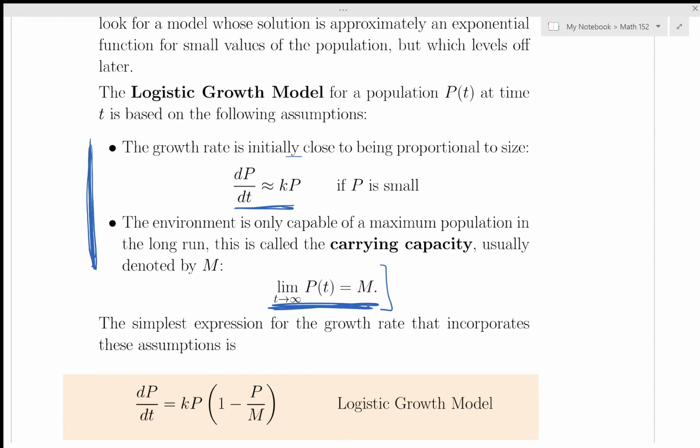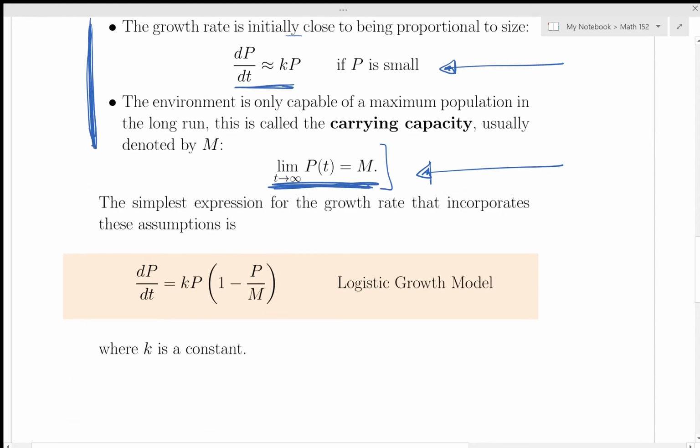So if we take those two assumptions, our last model only considered the first one. Now we're going to take both of these ideas about what happens when a population grows, and write them into a differential equation, and that looks like this. Okay, so that is our logistic growth model.